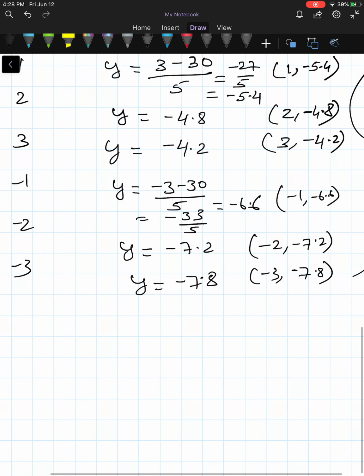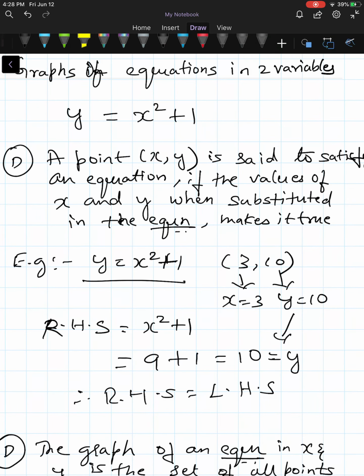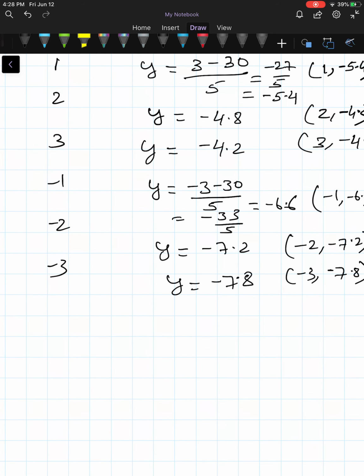Yeah. So now I'll draw the graph first, the axis.